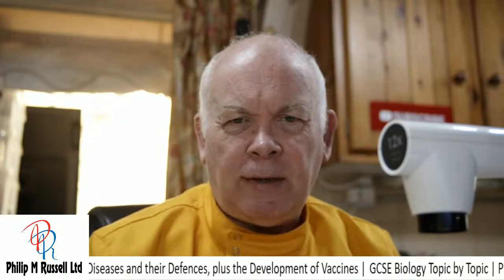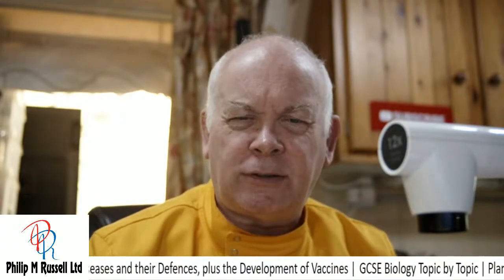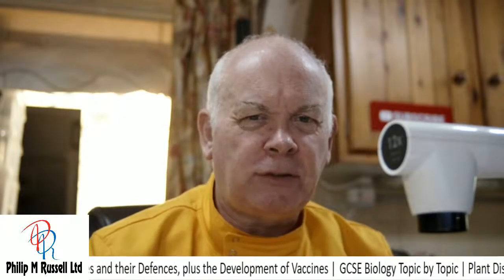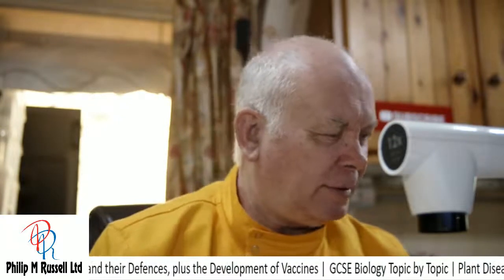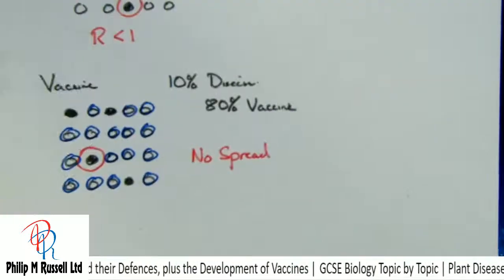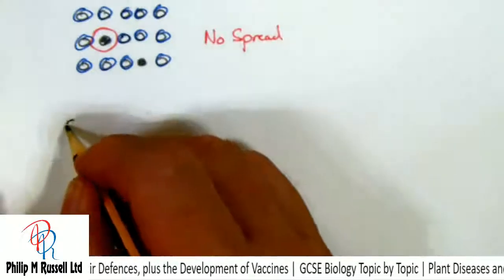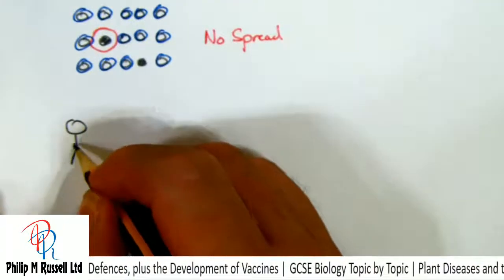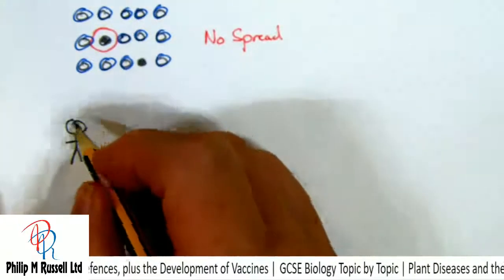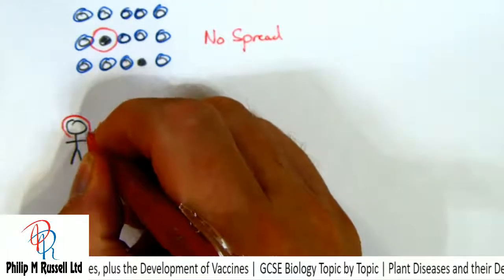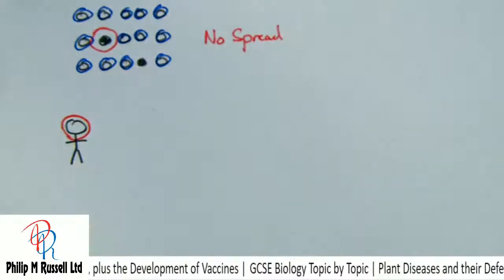Now, how does social distancing work? There's a lot of talk about this, so let's spend just a moment on it. I've got 2 people. This person, unfortunately, has the infection, but they don't necessarily know about it.